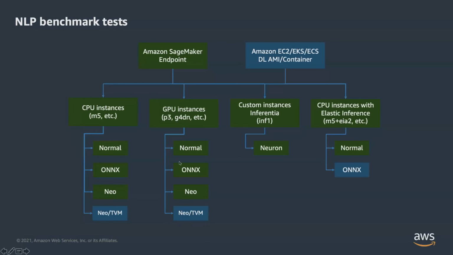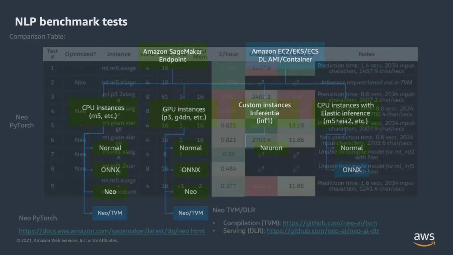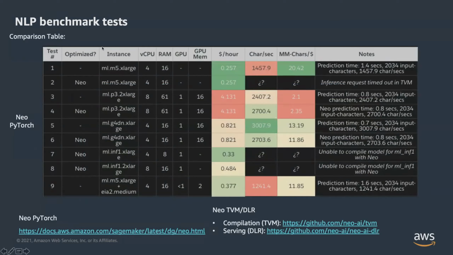Then you can have your original model, then compile with Neo, deploy to different instance types, and then you can get the benchmark numbers for your own model, so that you can have a comparison about your use cases deployed to which inference type, and how good or how bad it performs, and what's the latency and the cost for it. And then you will get a table that looks like this one.